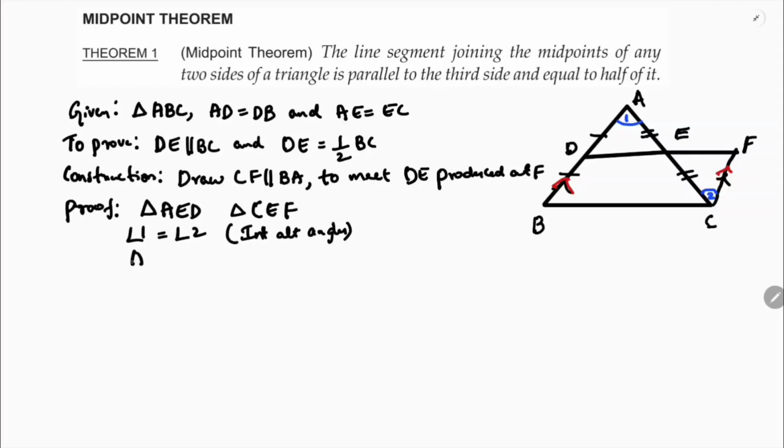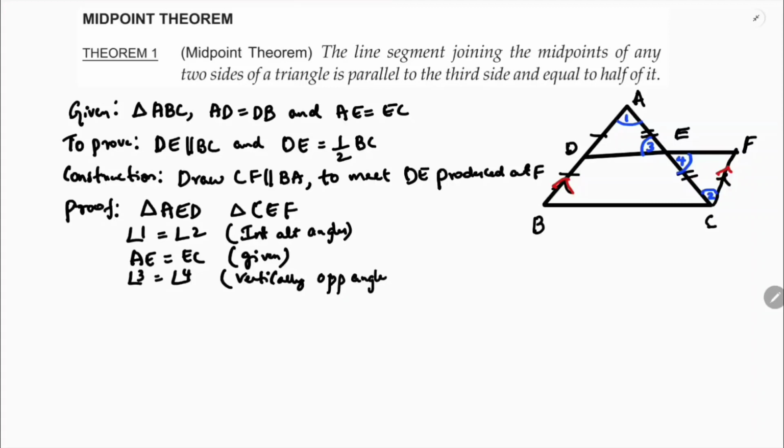Next, AE equals EC, given. And next, angle 3 equals angle 4, vertically opposite angles.